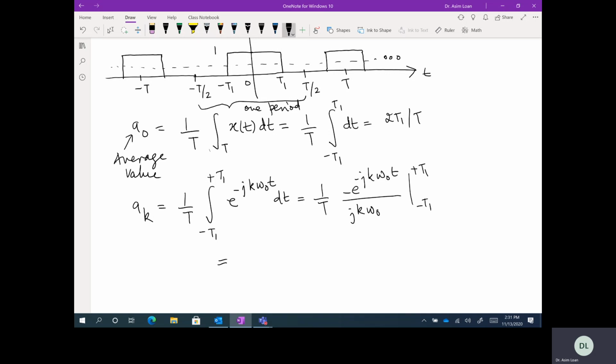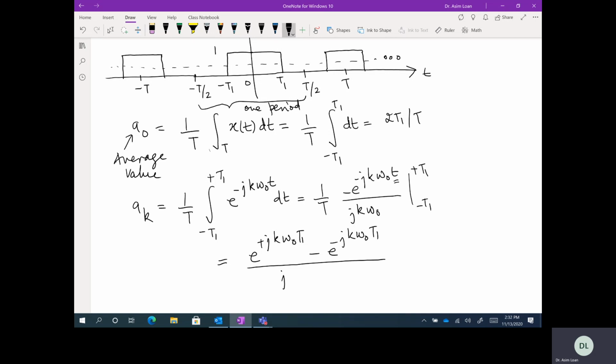When I put plus t1 in place of t, I get a minus, and when I put minus t1, I get a plus, and because of the leading minus, the result is e to the plus j k omega naught t1 minus e to the minus j k omega naught t1, divided by j.